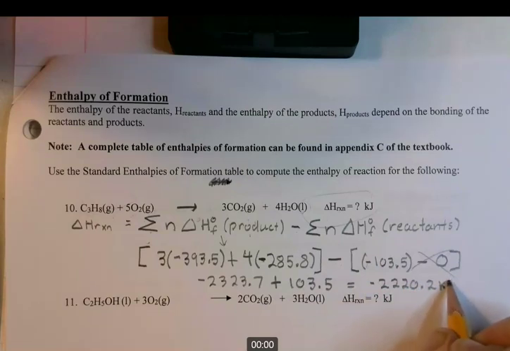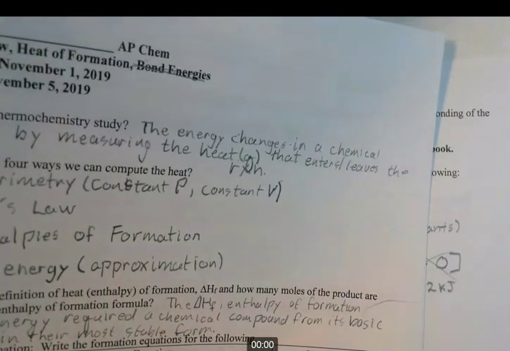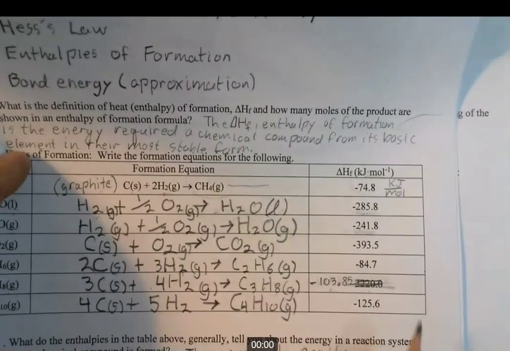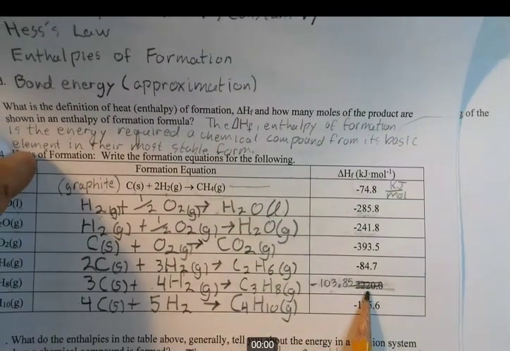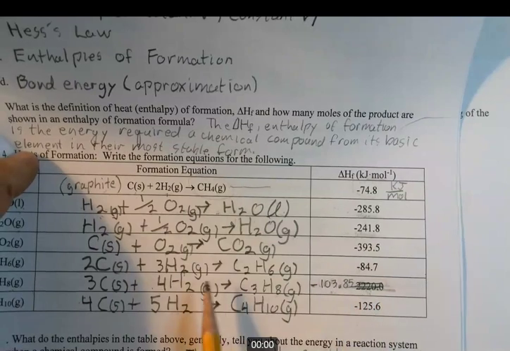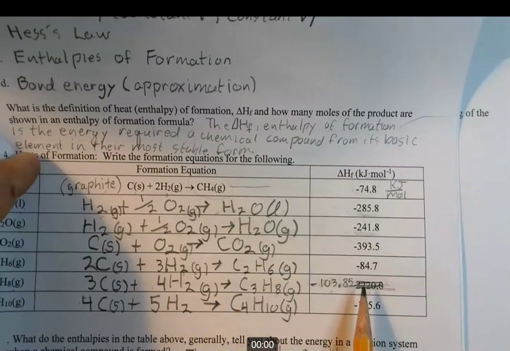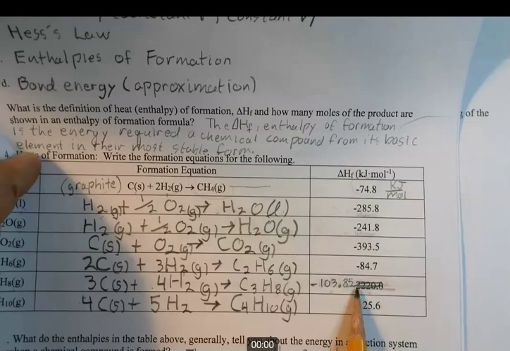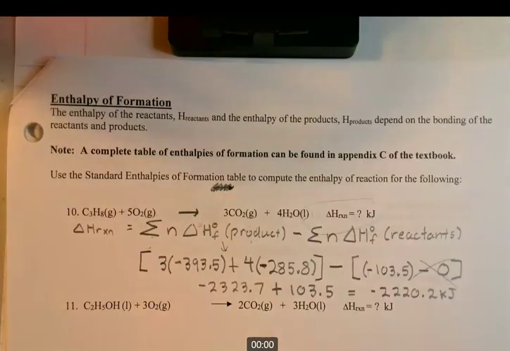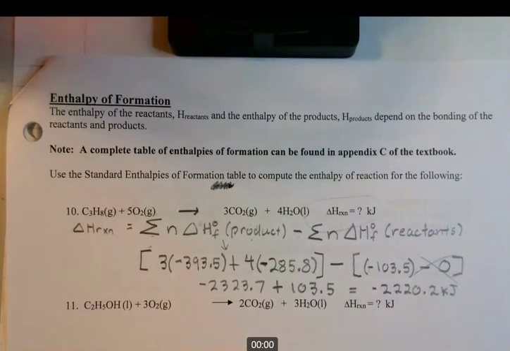If that number looks familiar, that was the mistaken number that was put right here. That was the mistaken number. So that was actually the enthalpy of reaction for propane, not the enthalpy of formation. So this was the enthalpy of a combustion reaction, which is what we ended up with right here. And there's your final answer for that.